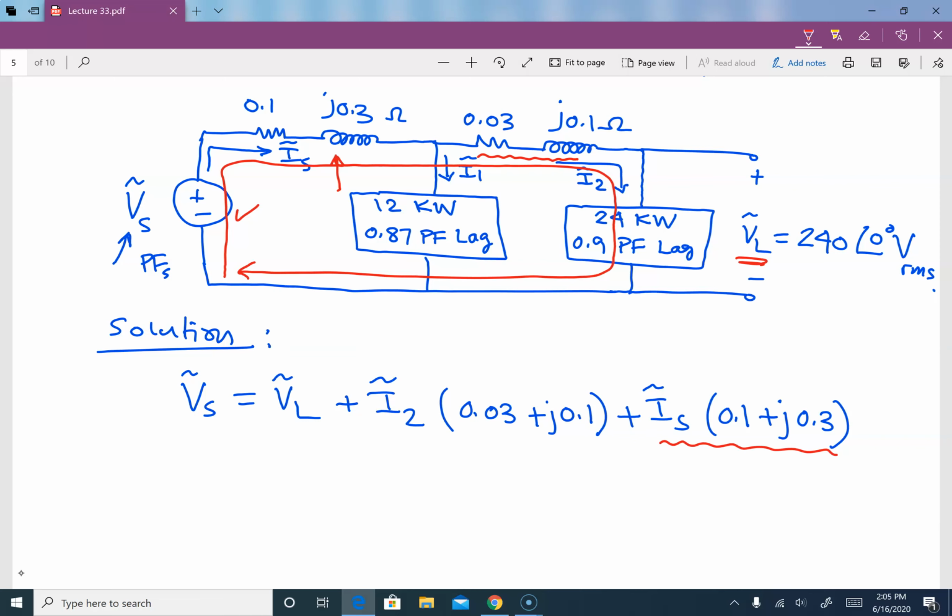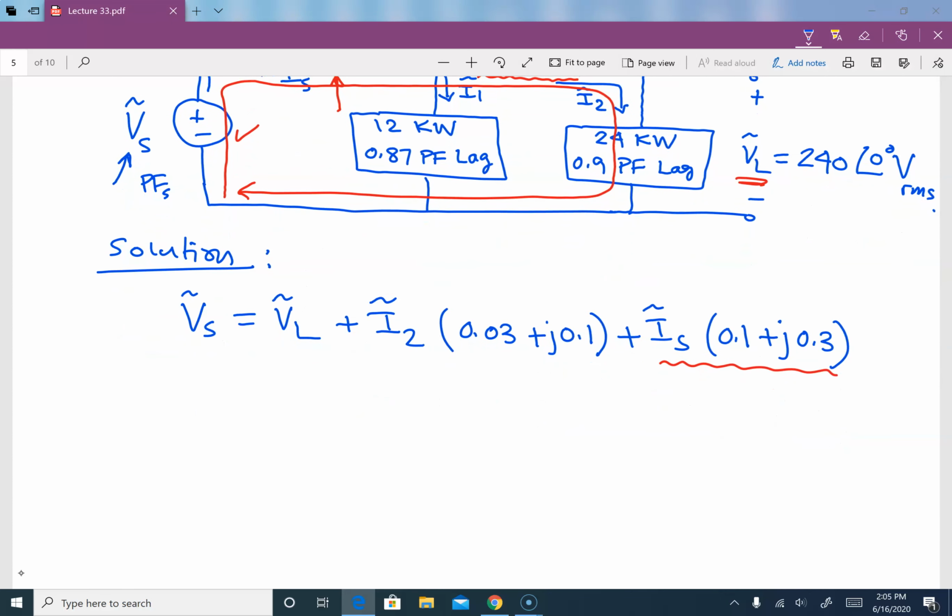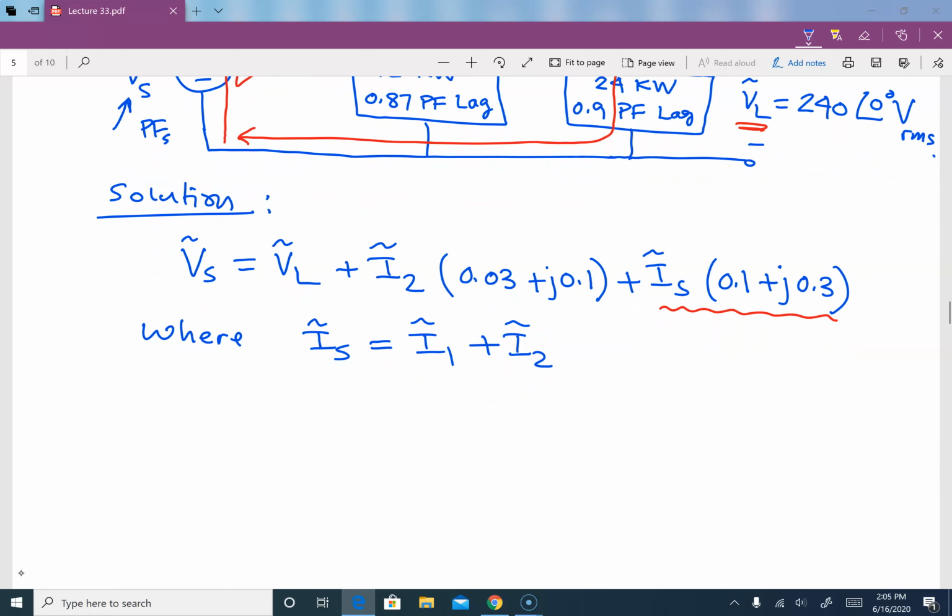So negative Vs plus (0.1 + j0.3) Is plus (0.03 + j0.1) I2 plus VL is equal to 0, where Is is equal to I1 plus I2, and all of these are phasor quantities.